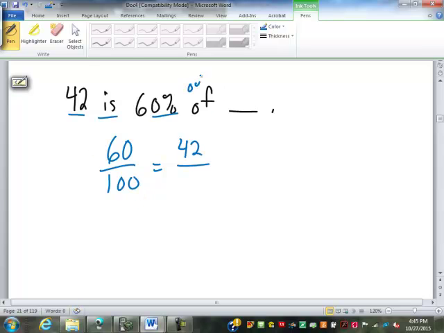Of blank implies out of blank, so the blank goes on bottom. So then what? 100 times 42 is 4,200, and then divide by 60 to get 70. So 42 is 60% of 70.